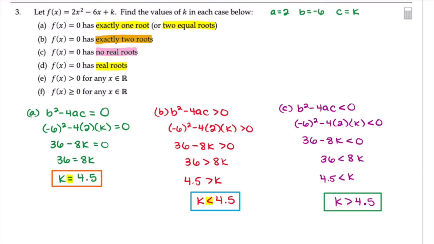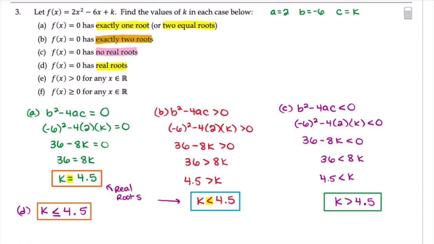So for part D, we're kind of merging those two together. k has to be less than or equal to 4.5. In both these cases, we have real roots.